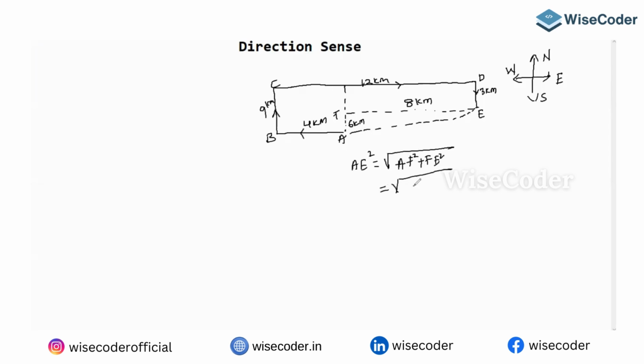AF is 6, so 6 square is 36, FE is 8, 8 square is 64. That is nothing but root of 100. So AE is 10 kilometers.